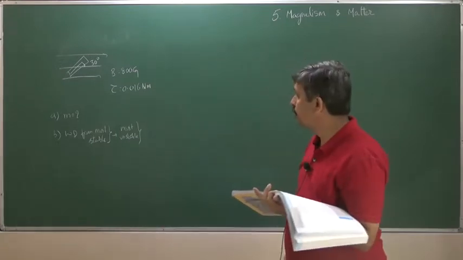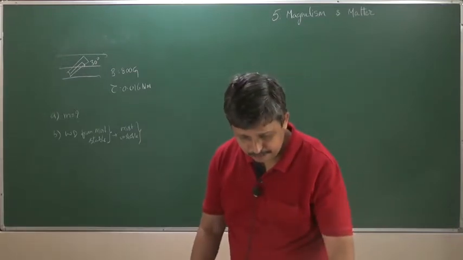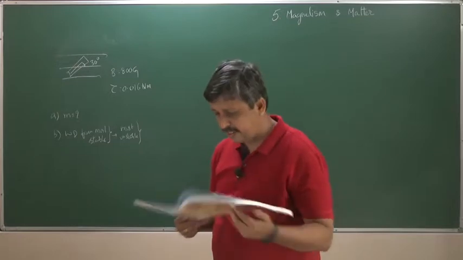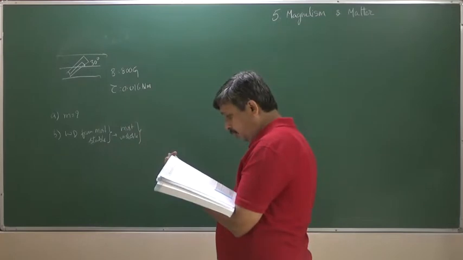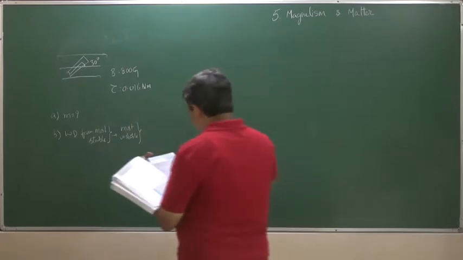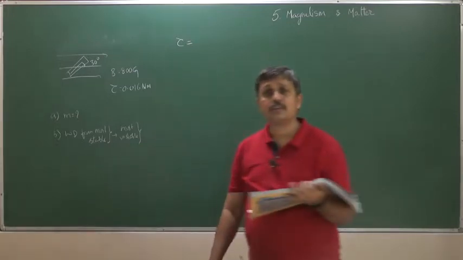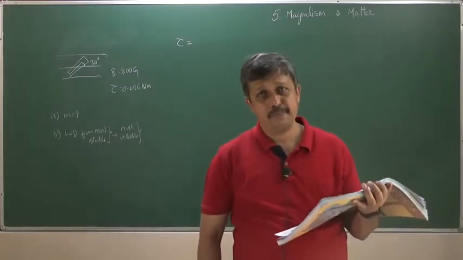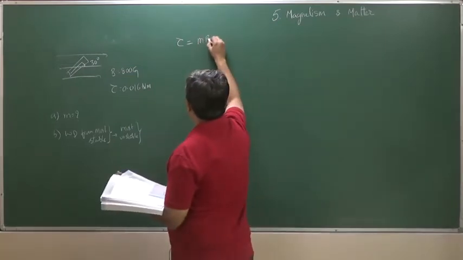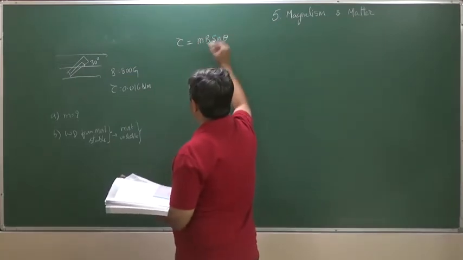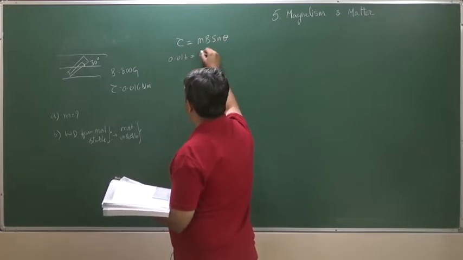Okay. So the A part is somewhat straightforward. If you see, it directly relates to the equation that we have. We know tau is equal to m cross B, which is mB sin theta magnitude wise. Tau is given as 0.016. M is what we have to find out.